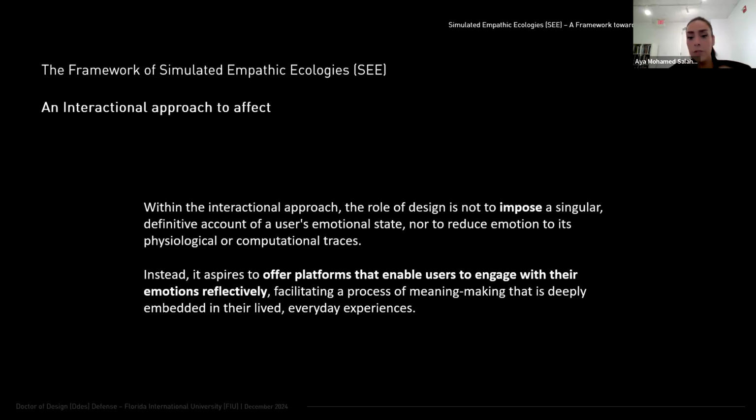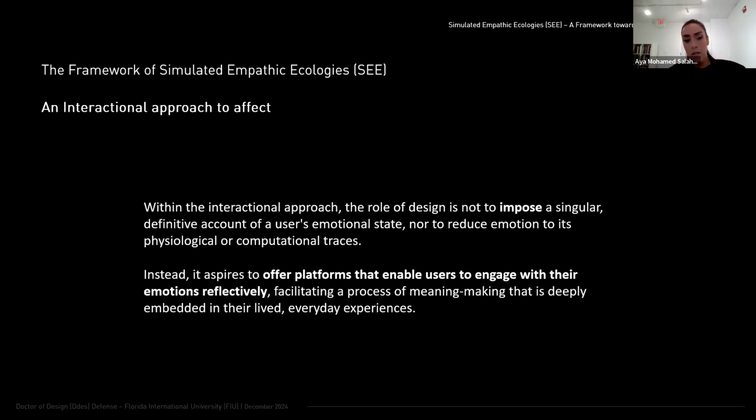So it reframes the more instrumental or informational approach that a lot of affective computing methodologies heavily rely on. And it's not in a way to replace that. The informational approach is definitely necessary in terms of recognizing and inferring emotional states.